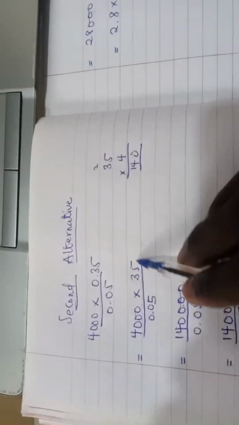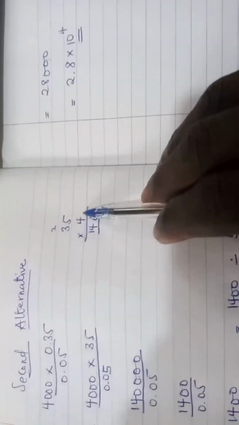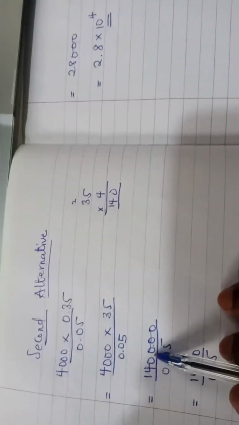Again, we can annex the 0 and multiply 4 times 35. Remember, we are not using a calculator. If you annex the 0, the calculation becomes easier: 35 times 4 gives you 140. Then we bring back the 0, giving you 140,000.